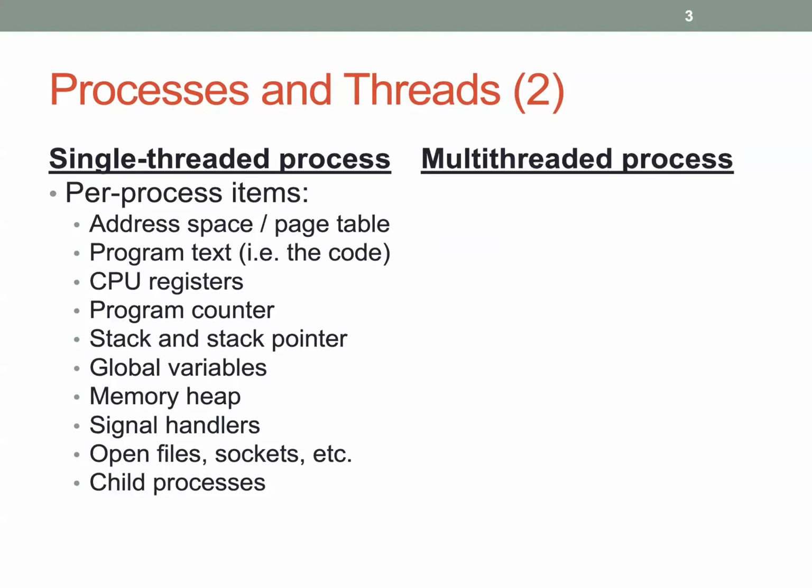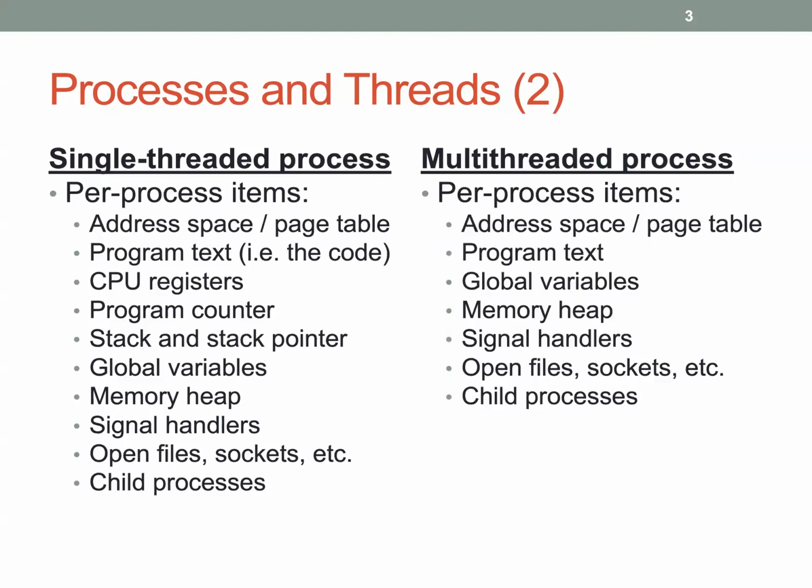Now, when you switch to multi-threaded processes, you'll notice that some of these resources stay associated with the process and others start to be managed on a per thread basis. So the per process items are still the address space, the program text, global variables, the memory heap, because the threads are all sharing that stuff.